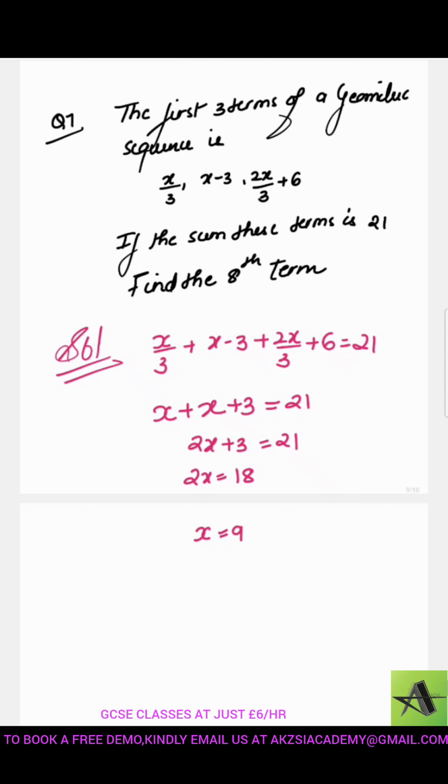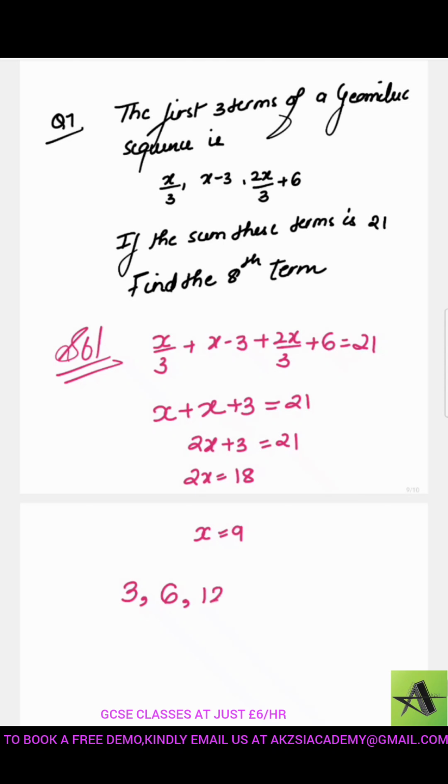Now, let me substitute the value of 9 in place of x to get our terms. First term is x over 3, that means 9 over 3, so first term is 3. Next, x minus 3: 9 minus 3 is 6. Next term is 2x over 3. If I substitute 9 here, 9 times 2 is 18, over 3 is 6, and 6 plus 6 is 12.